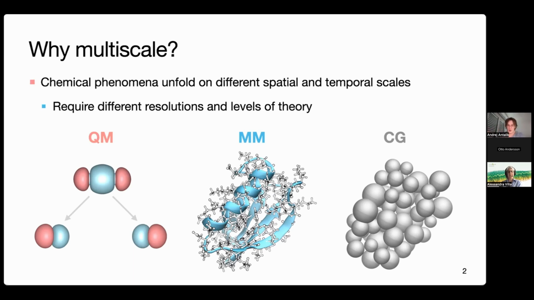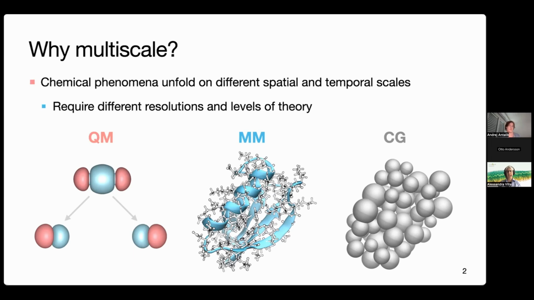But there are specific situations, and a good example of those are enzymatic reactions, where you would really like to study what's going on at the active site of the enzyme. But you also know that the environmental effects and the structure of the entire protein might affect the way the reaction unfolds.